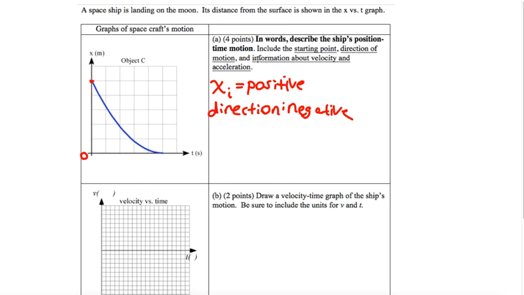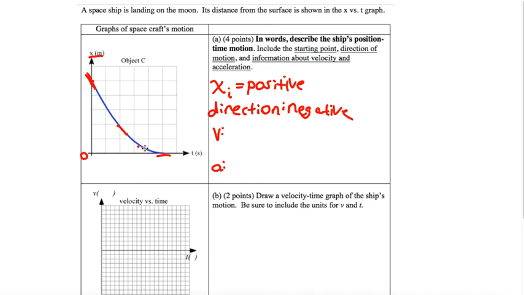Okay, the next part they want, information about velocity and acceleration. So for velocity and acceleration, you need to talk about some stuff. Velocity. On a position graph, velocity is slope. So if you notice, it starts off very negative. It starts off steep, slopes downward. At the end, it flattens out. So as time went on, it kind of got flatter and flatter.